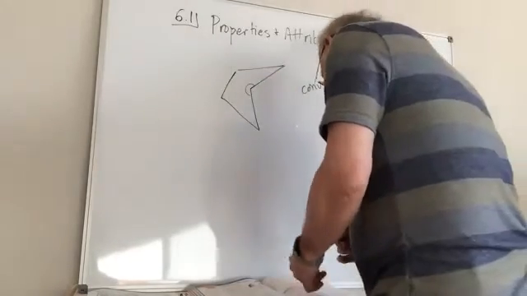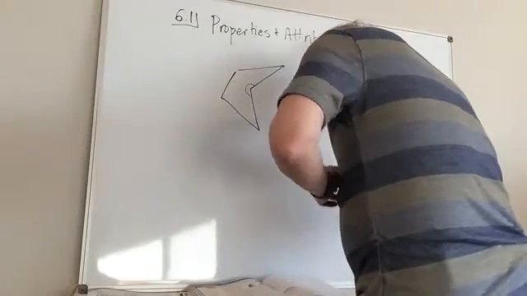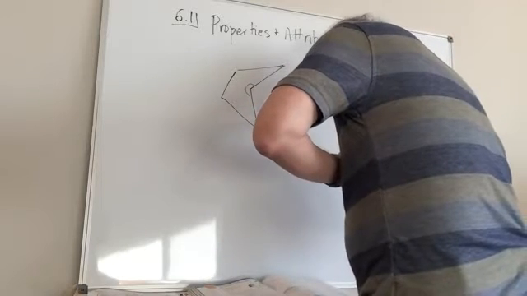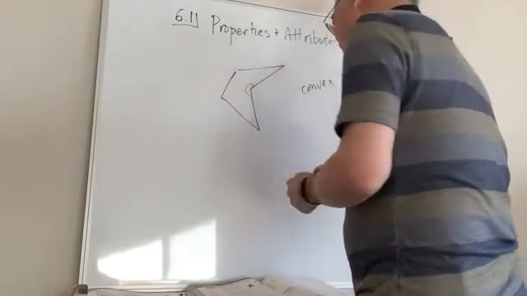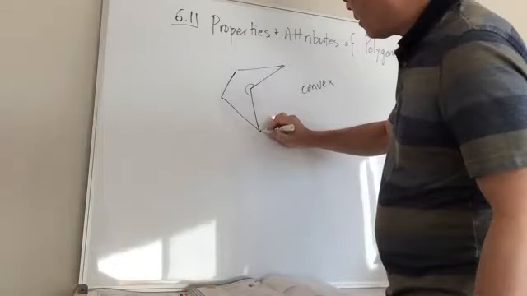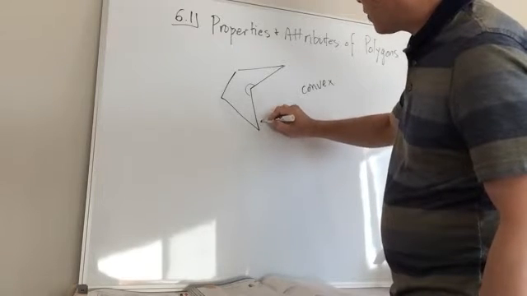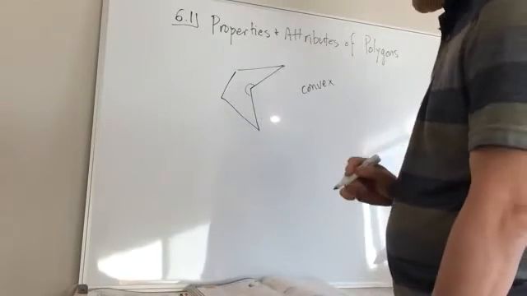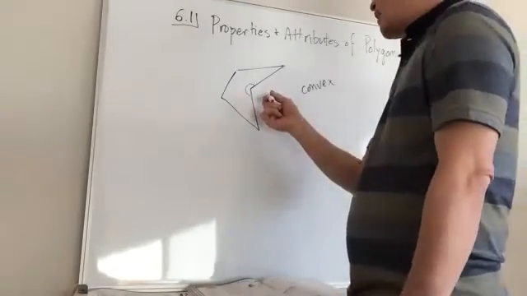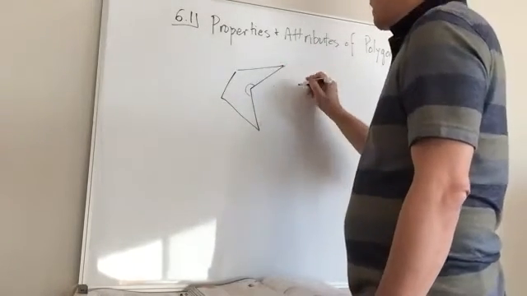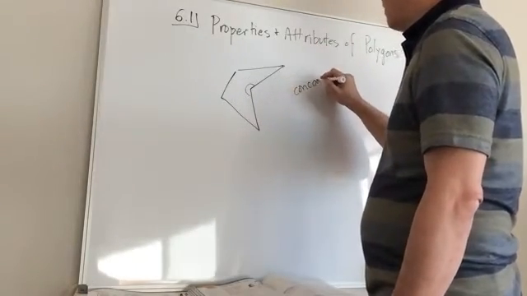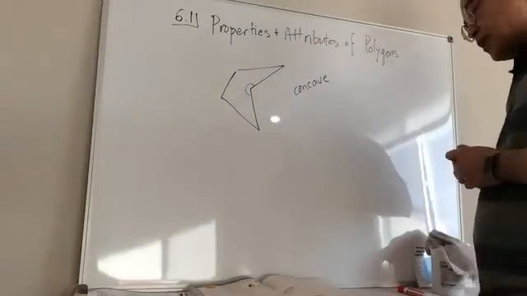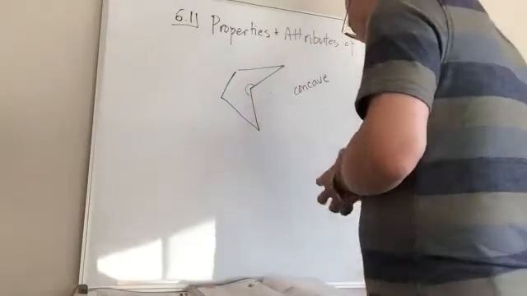A polygon is concave if any part of a diagonal contains points in the exterior of the polygon. I have a diagonal here from vertex to vertex that is external to the sides, so that would be a concave. That's the difference between a convex and concave.